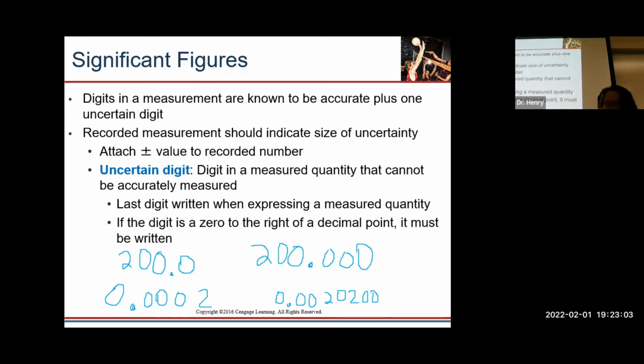You don't get it? Okay, so anytime that you see a decimal, so here we have this nice little decimal here, right? And then that means that these are called leading zeros. They're not going to be significant, right? We're not going to count those as significant figures.